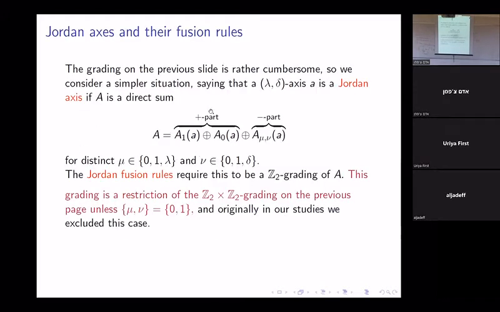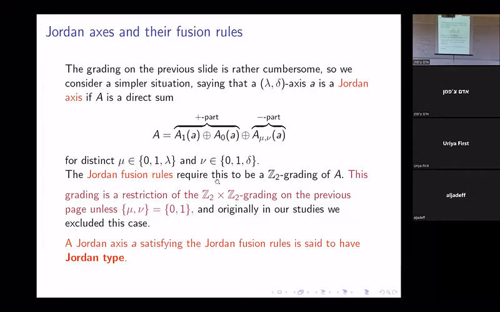But we're going to go further, and we're going to say that the axis is type mu j, mu, where mu and nu are in these two sets. If A is a direct sum of 3 eigenspaces, and even this is pretty complicated. So this is by far the simplest instance of what's going on. Okay, so we'll say that it has Jordan type.